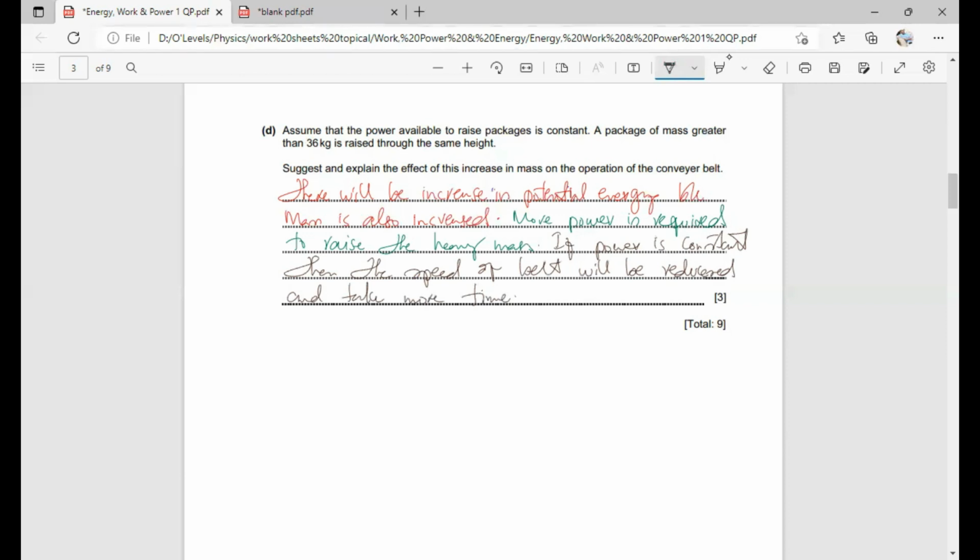So if it's written here that power is constant, then why are we writing more power is required?